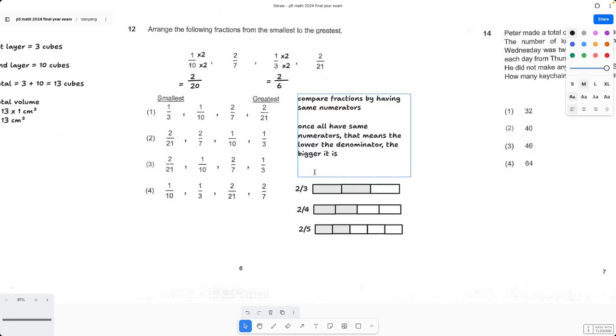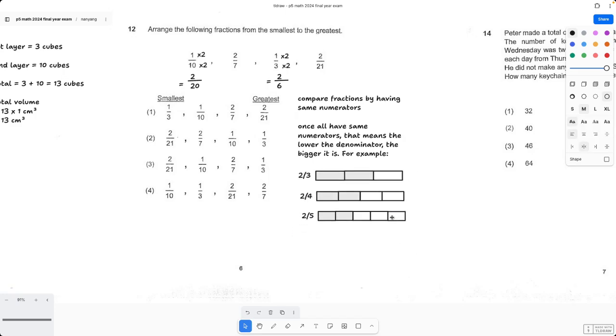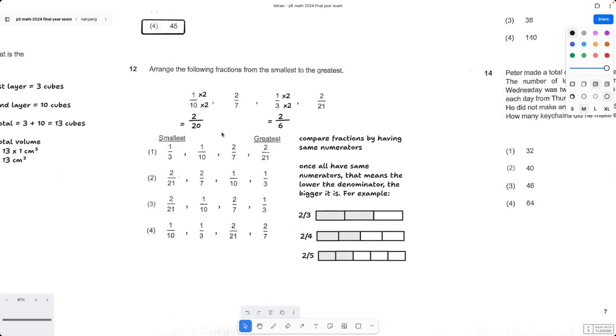So for example, right? So 2 over 3, 2 over 5, and then okay. So from here, we know the smallest is, okay, the biggest. The biggest is 2 over 6. Okay, greatest is 2 over 6.